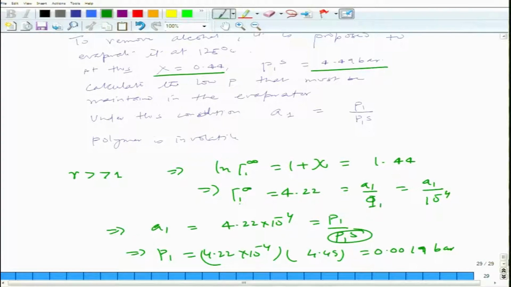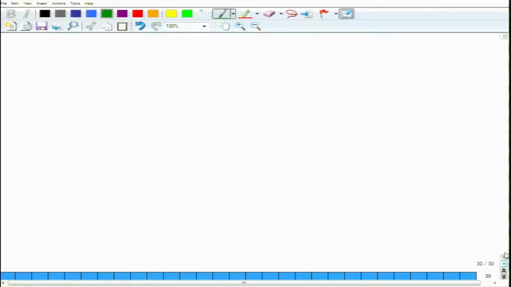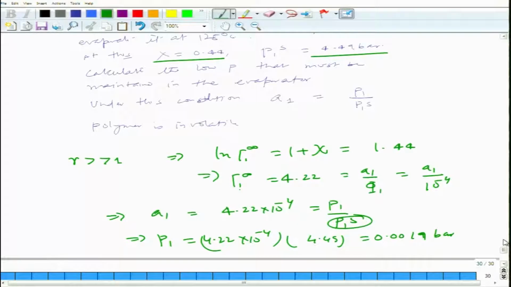Now, considering that the polymer is non-volatile, which essentially means P2, the partial pressure of this polymer, can be considered to be 0. Therefore, P, the pressure of the evaporator, can be considered as simply P1, which is 0.0019 bar. Okay. So, this is how we solve a very simple problem.